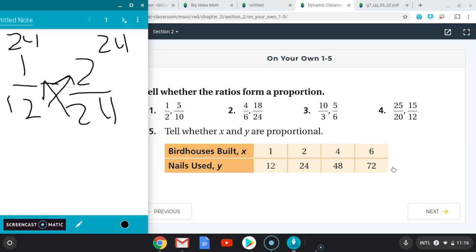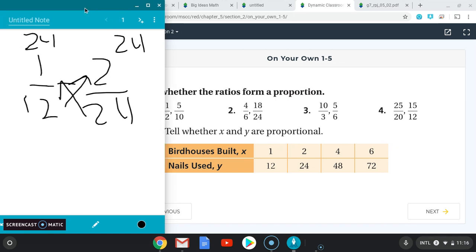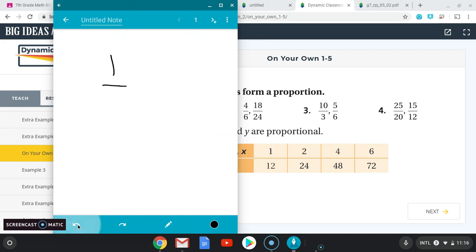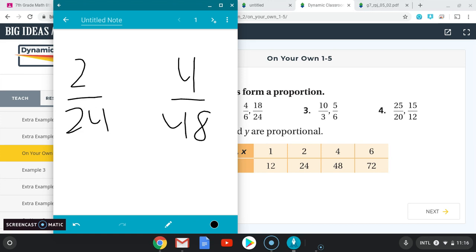But let's compare the next ones, okay? So let me clear that out. All right, so then if I have 2 over 24, and I have 4 over 48, and you could simplify, but I'm just going to do the cross multiply method.